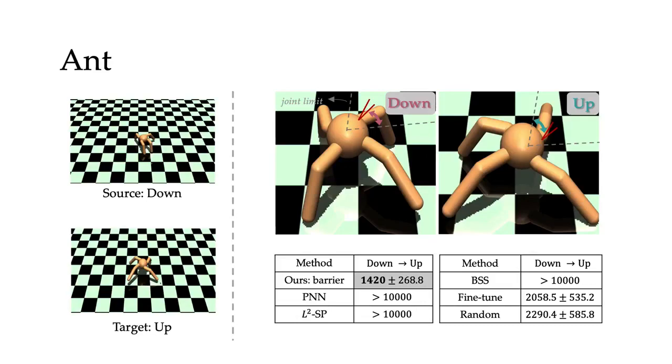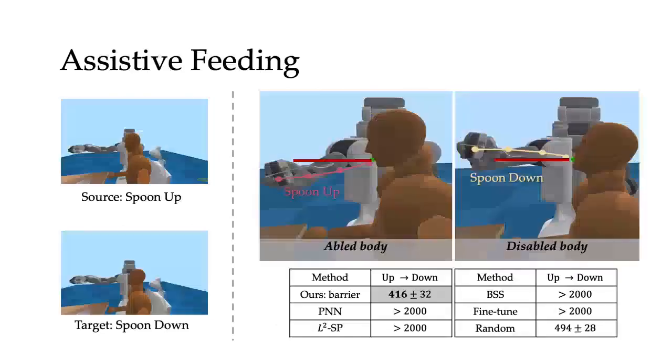The gray dotted lines are the upper right leg joint limits. In the source task, the ant learns to move while keeping the upper right leg below the set of barrier states. In the target task, we want the ant to move while keeping the leg above the set of barrier states. We find that our approach was the most successful in fine-tuning compared to other methods.